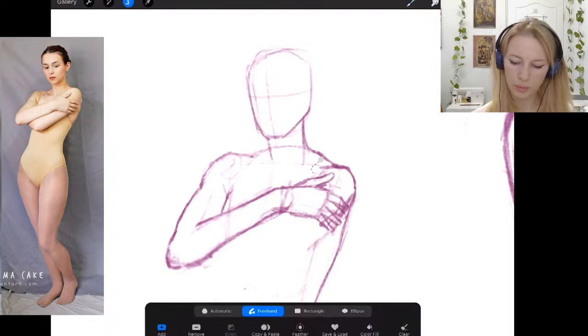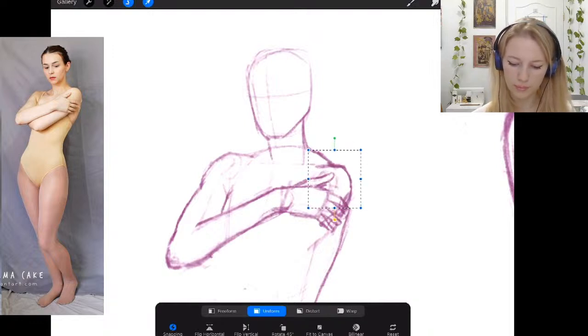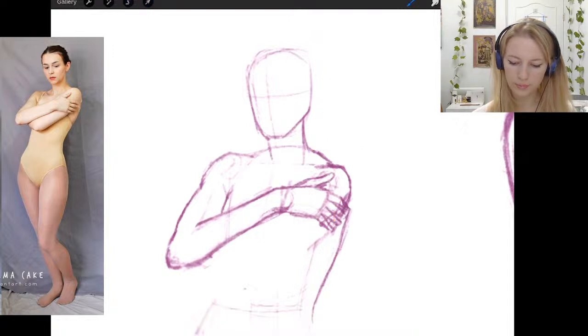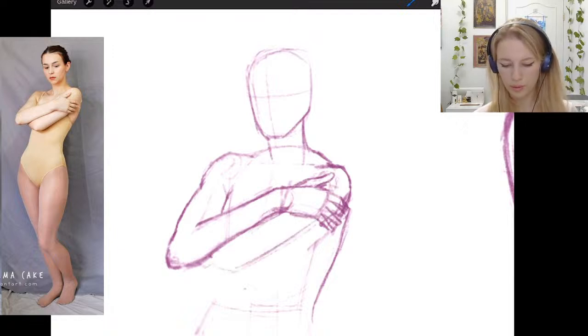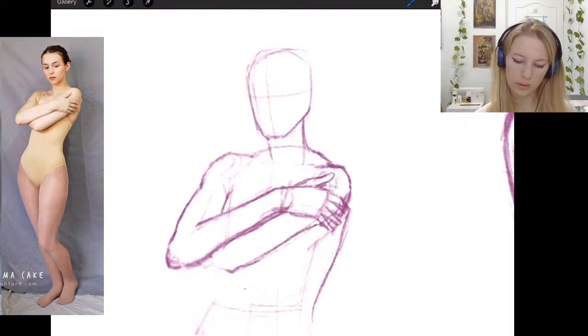So let's maybe move the shoulder a bit. Based on this, just put it here. Now it looks like something. Okay.